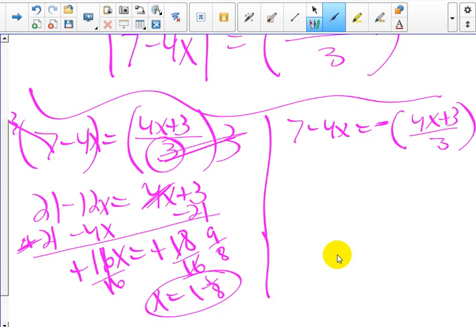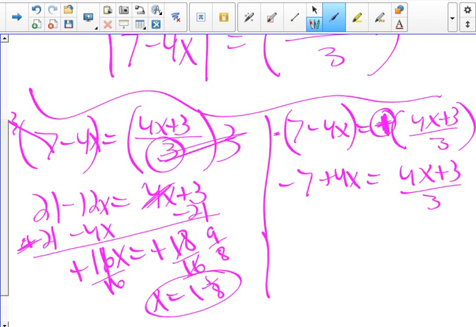Now let's get the second side. I'm going to clear this negative sign first. Multiply both sides by negative 1. When we do, this whole thing gets multiplied, and then that one goes away. So it becomes negative 7 plus 4x equals (4x plus 3) over 3.